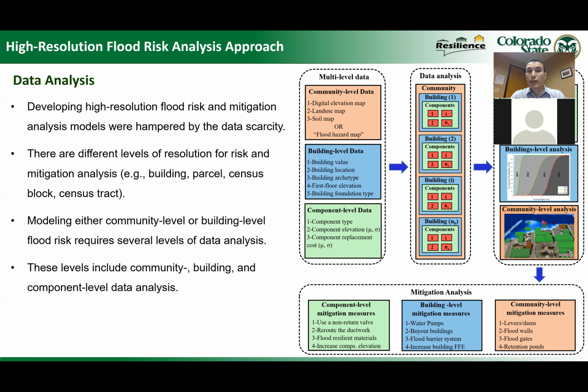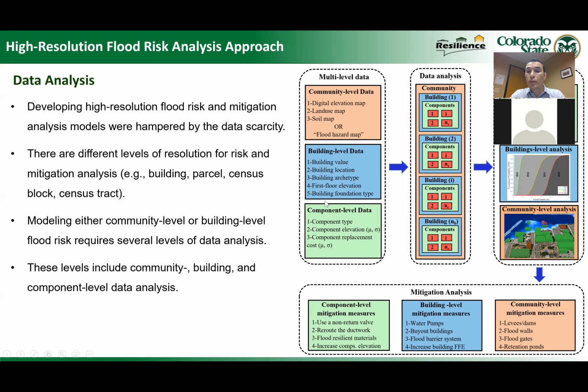So in my research, we handled multi-level data. This includes community-level data, such as the digital elevation map, the land use map, and the soil map. We also used many building-level data, including the building value, location, archetype, foundation type, vertical floor elevation, building construction material, occupancy, along with many other information about the building.